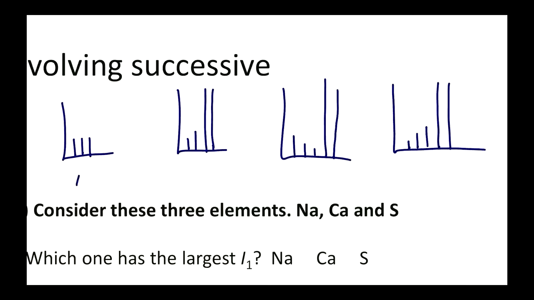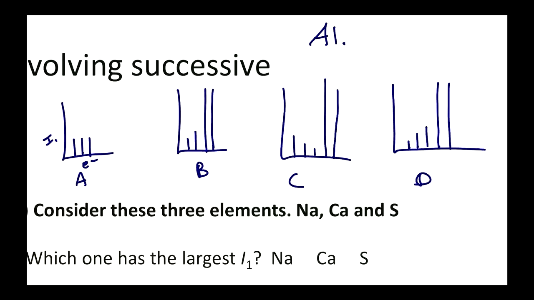Let's call them A, B, C, and D. Which graph? Okay, so this is energy, ionization energy. And then the x-axis is just number of electrons, so taking them off one at a time. So which one of these graphs would properly represent the ionization energies of aluminum? A, B, C, or D?